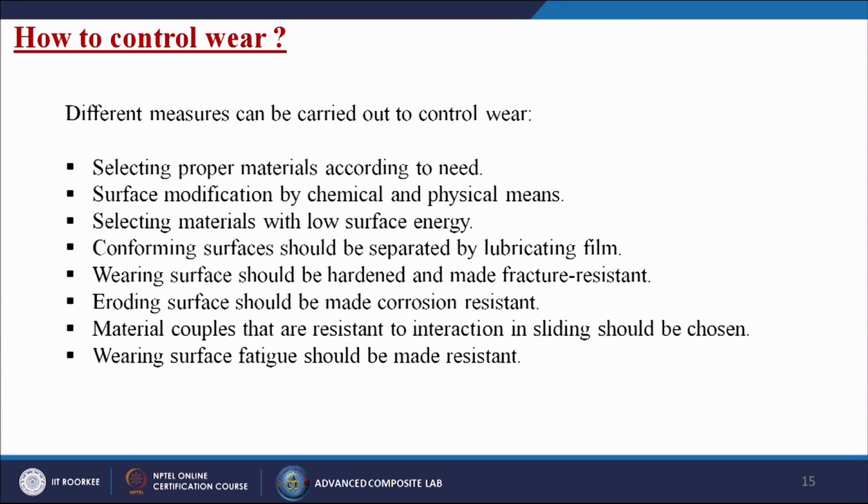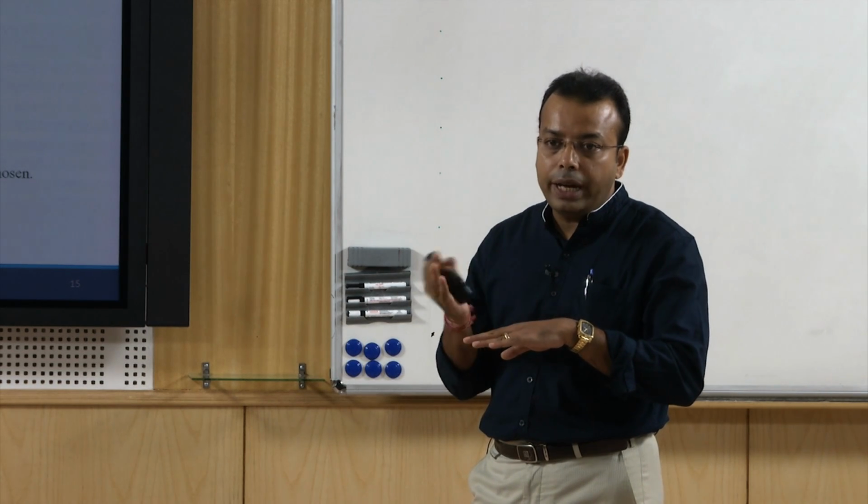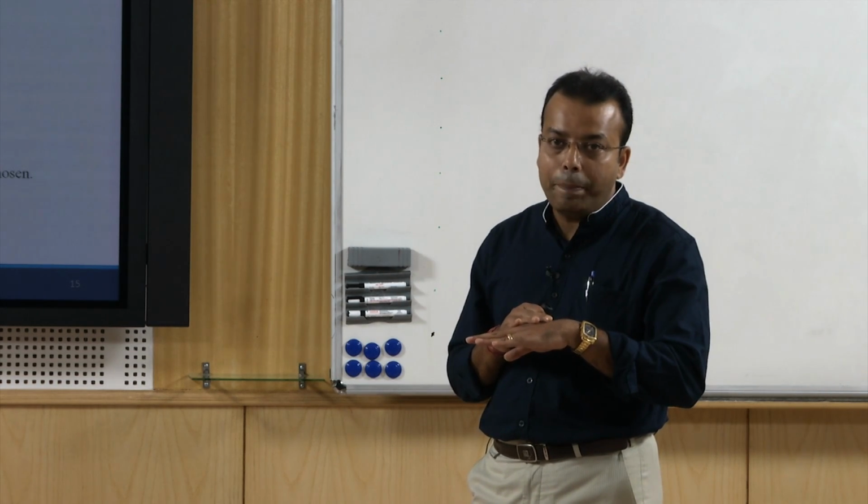Conforming surfaces should be separated by a lubricating film. We can use certain kinds of lubrication, so that there will not be any direct contact with the base metal.